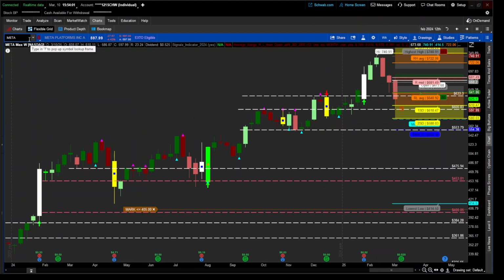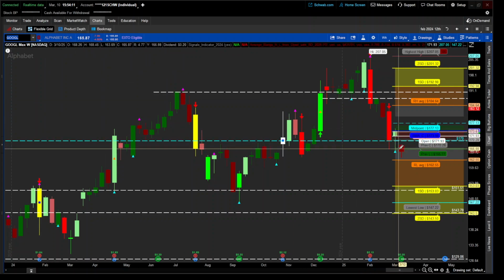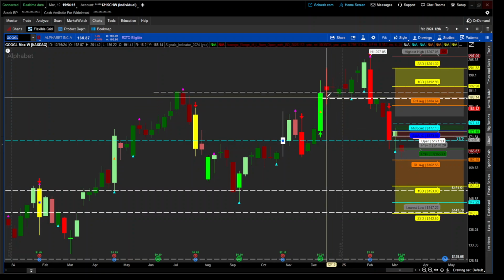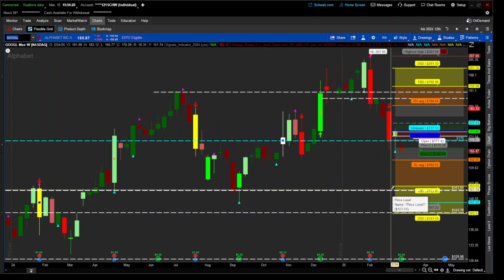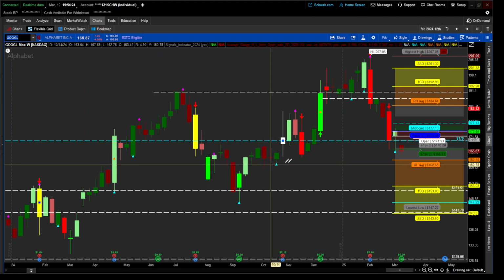So what other one? I think that was it that I wanted to look at. Possibly GL, Google, and these are old levels I have for Google as well, where I retested those. I'm hoping it doesn't come back down here, that it finds support somewhere within these levels right here.